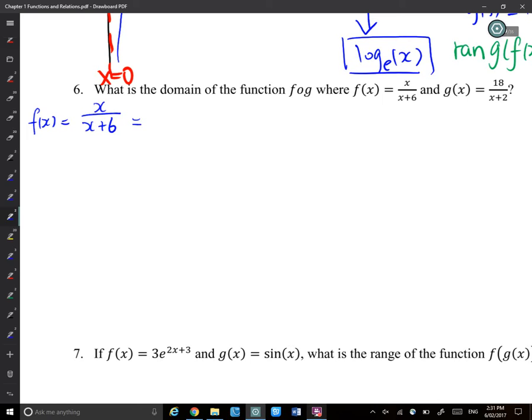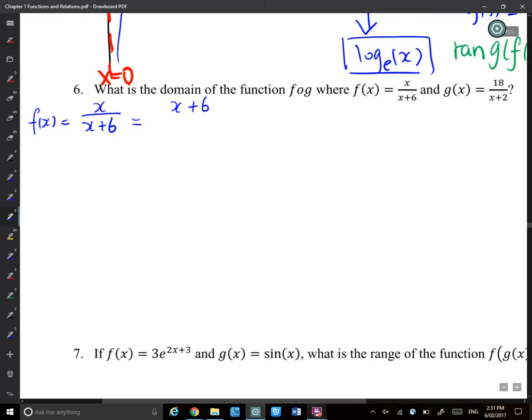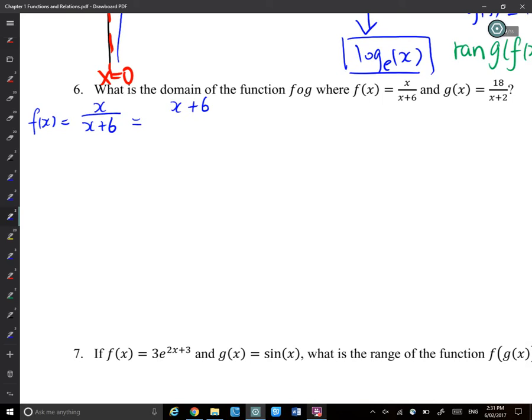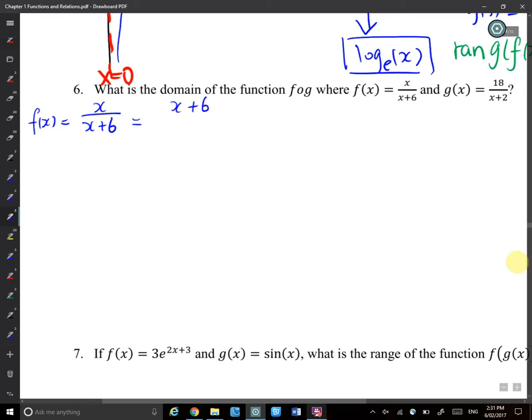What we're trying to do is make the top look similar to the bottom. The bottom is x plus 6, so I will write x plus 6 on the top as well. But I only have one x, so similar to completing the square, I will add the 6 and subtract the 6.